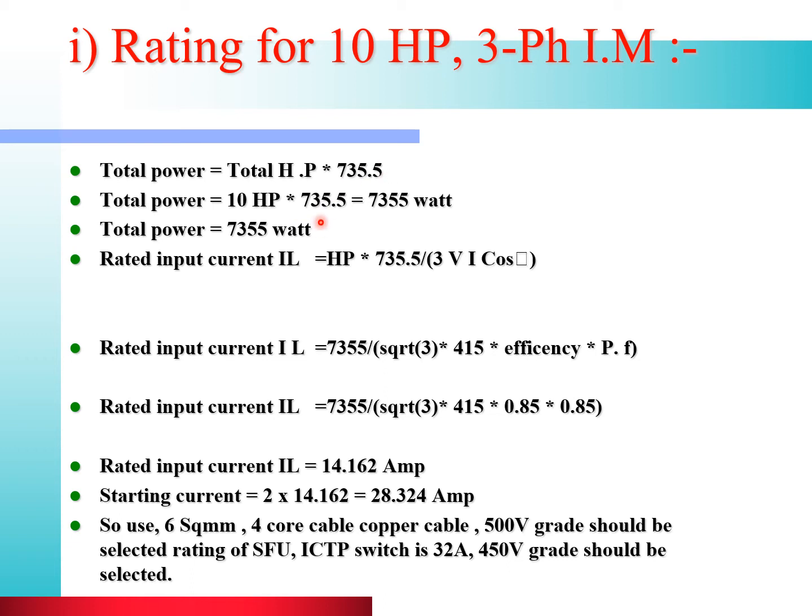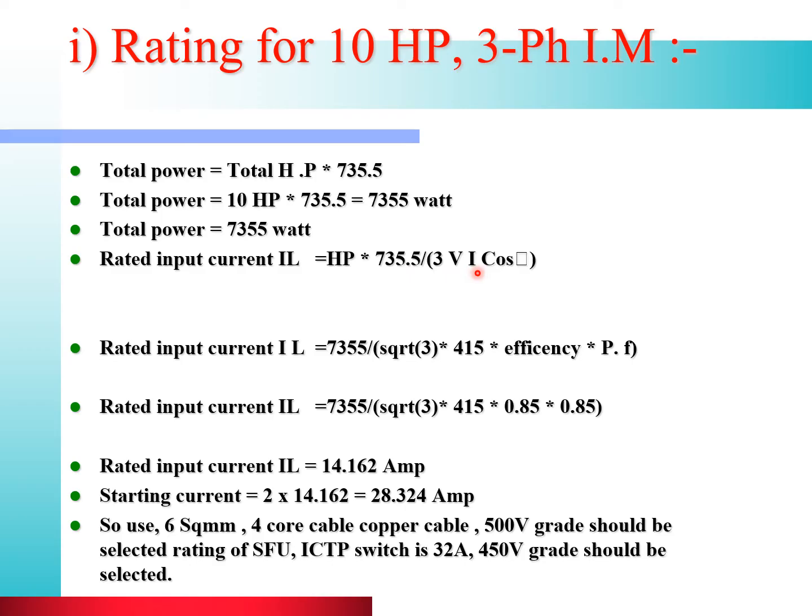It is multiplied by 735.5, you will get the total wattage. So total power is 7355 watt. From this you have to calculate the rated input current IL, that is given by the formula horsepower multiplied by 735.5 divided by root 3 VI cos phi.